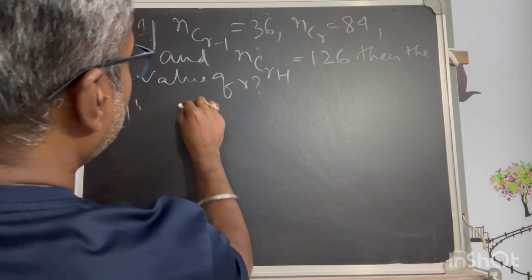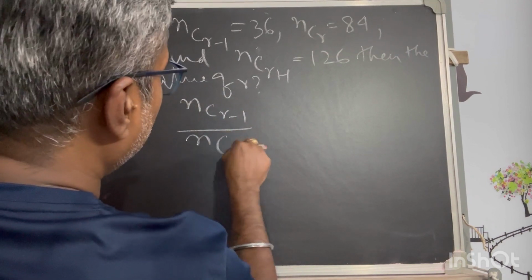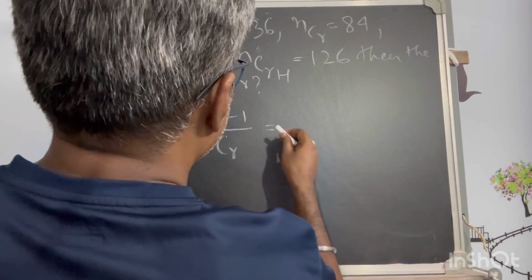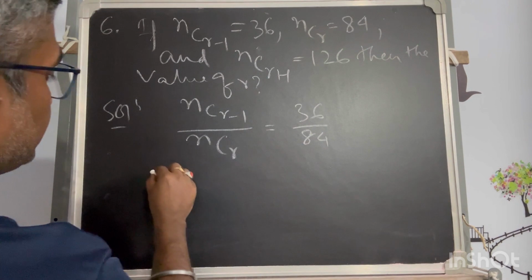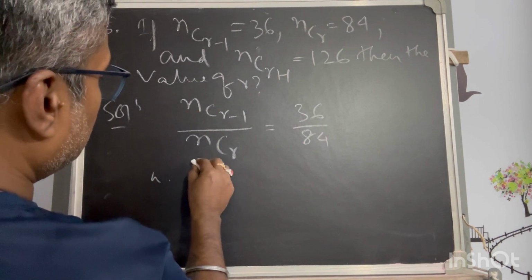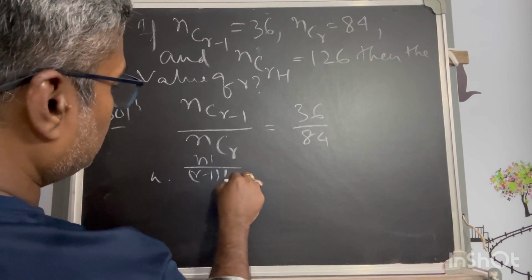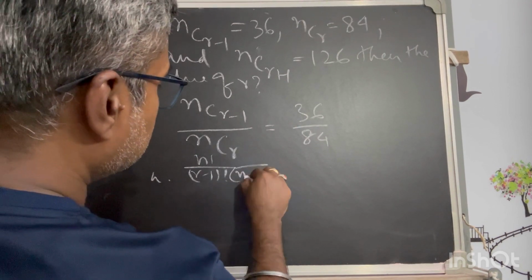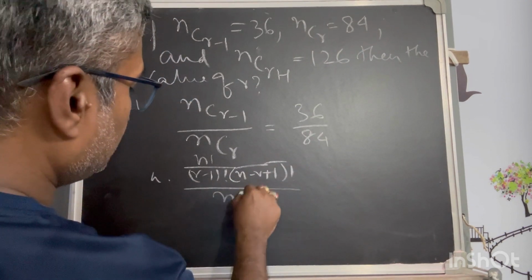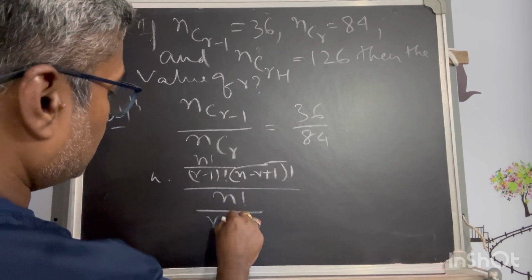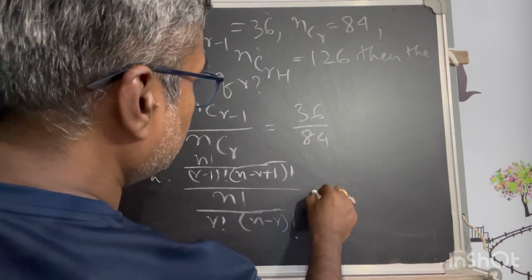If you divide this, there is more chance of eliminating more variables in one shot. So what I do, this is 36 by 84. Now if we cancel it, it will give you factorial n divided by factorial (r-1) into (n-r+1) factorial, divided by factorial n, factorial r divided by factorial (n-r) factorial.